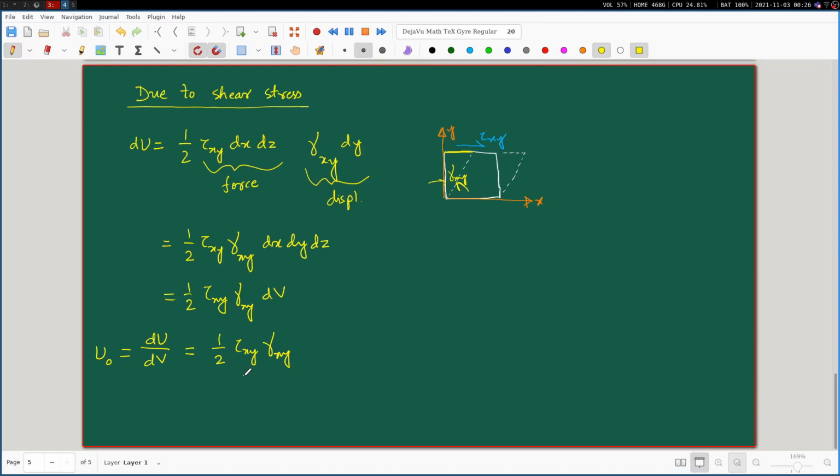Please note that in the previous page, when we were talking about the normal stress, and on this page when we are talking about the shear stress, we are not confining ourselves to any particular nature of loading. We are just talking about normal stress and shear stress in a very generic fashion.